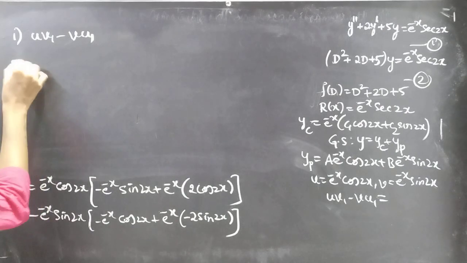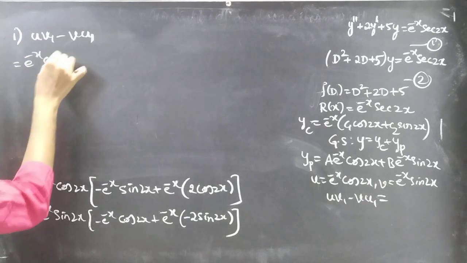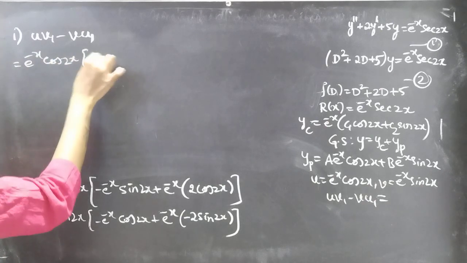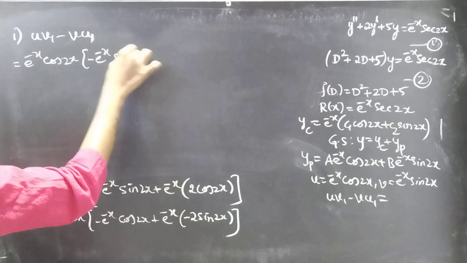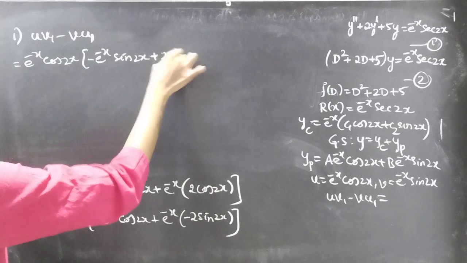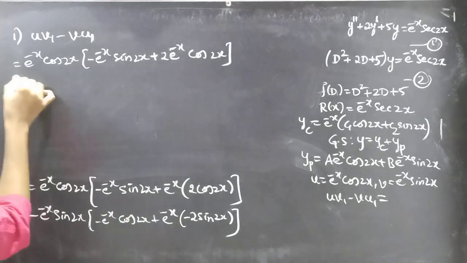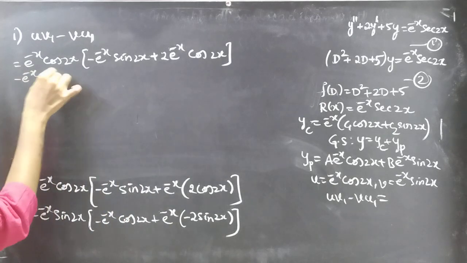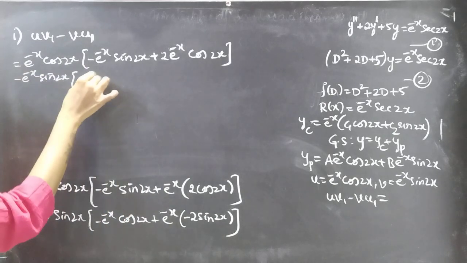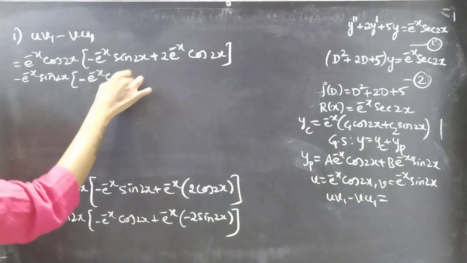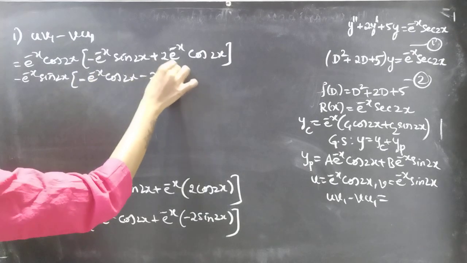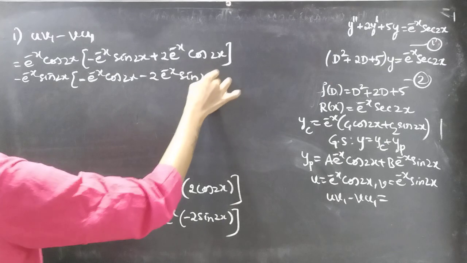This gives us e power minus x cos 2x into minus e power minus x sin 2x plus 2 e power minus x cos 2x, minus e power minus x sin 2x into minus e power minus x cos 2x minus 2 e power minus x sin 2x, right?